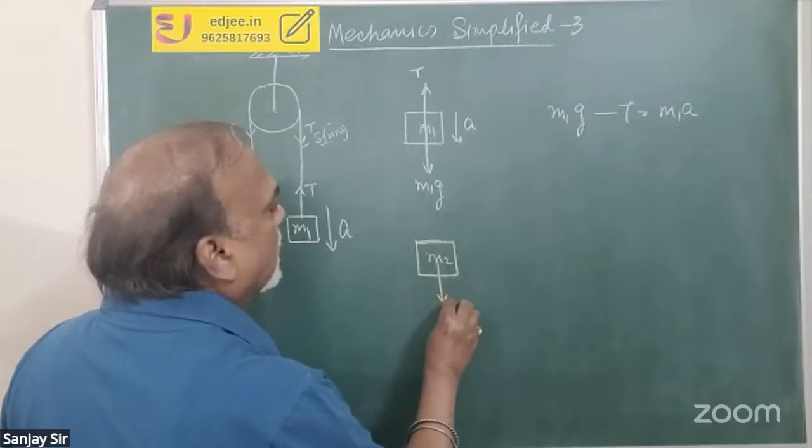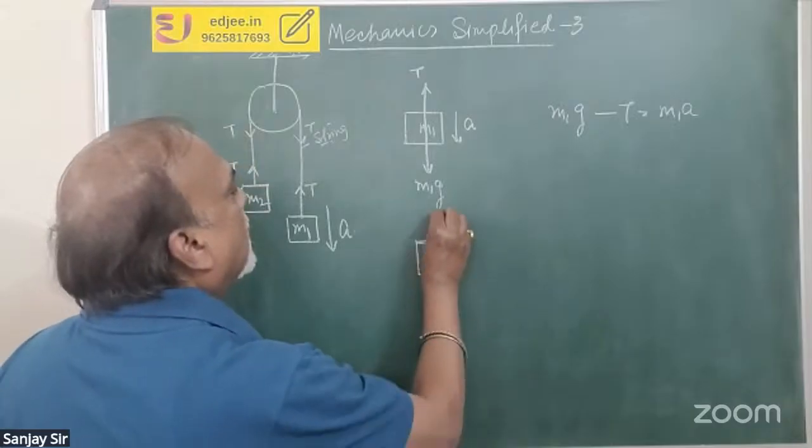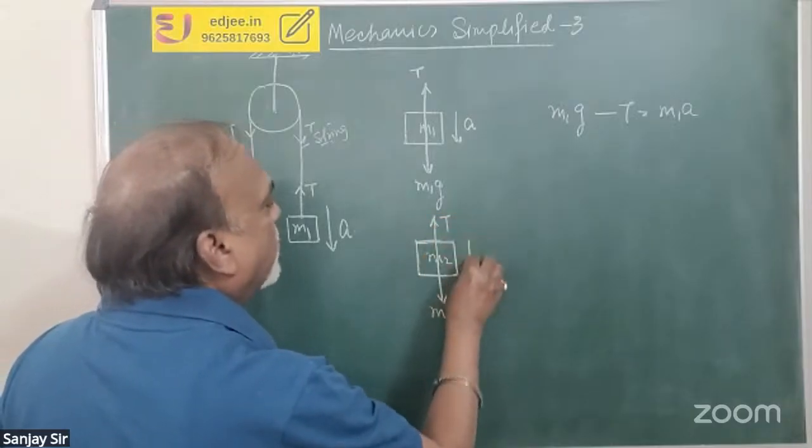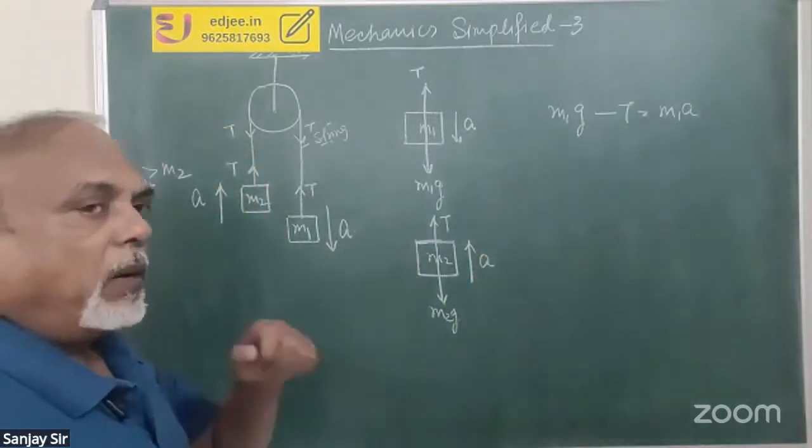Then it is M2G gravitational force, then tension is there, but it is moving up, that means here T is more than M2G.